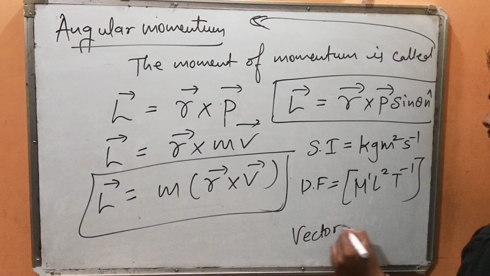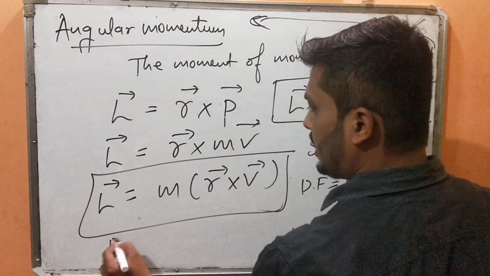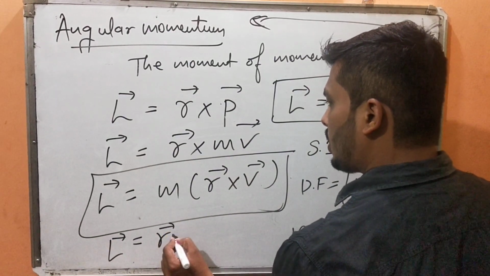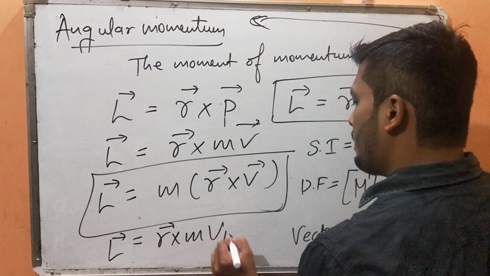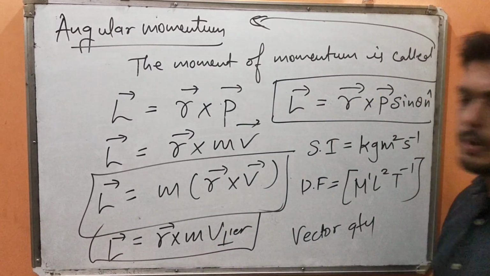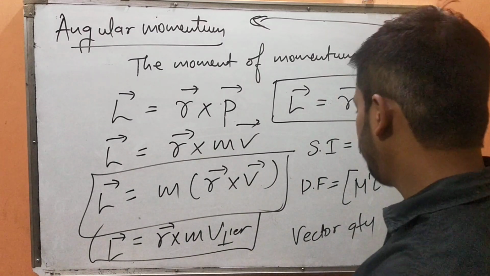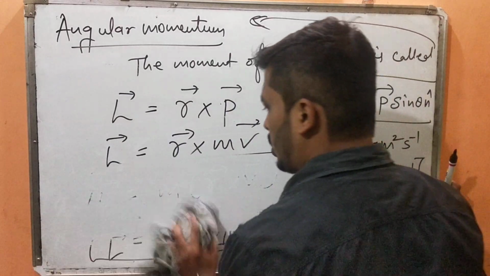Again it is a vector quantity. You can also write it as L equals R cross m V perpendicular. Again it is perpendicular to the plane containing R and P, same like your torque.